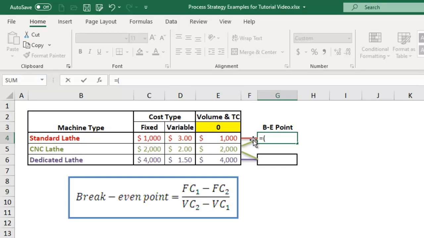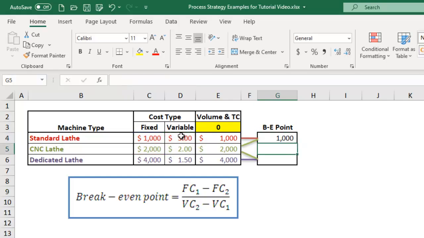So we're going to take the fixed cost of one process minus the fixed cost of the second process, the CNC lathe, and then we're going to divide that, and again I'm opening and closing parentheses as needed, the variable cost of the second process minus the variable cost of the first process, the standard lathe, and that gives us a break-even point of 1,000.